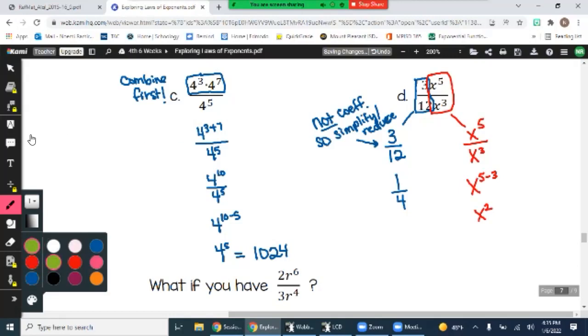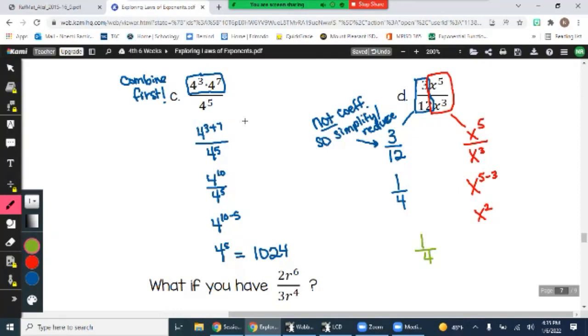Once we're done simplifying, we put it all back together again. 1 over 4. X to the power of 2 is not in fraction form, so technically it's considered to be at the top. You could put it over 1 just in case you forget, but you can also just leave it beside the 1/4. And that's what I'm going to do here.